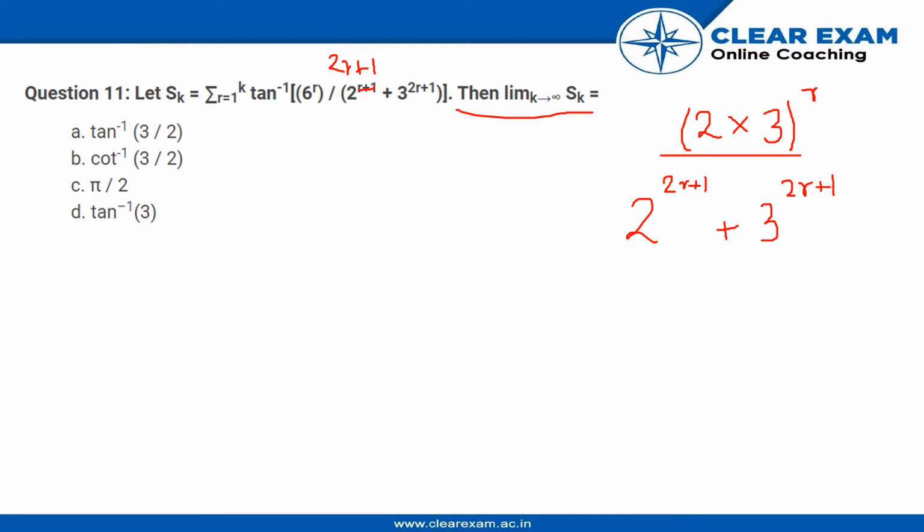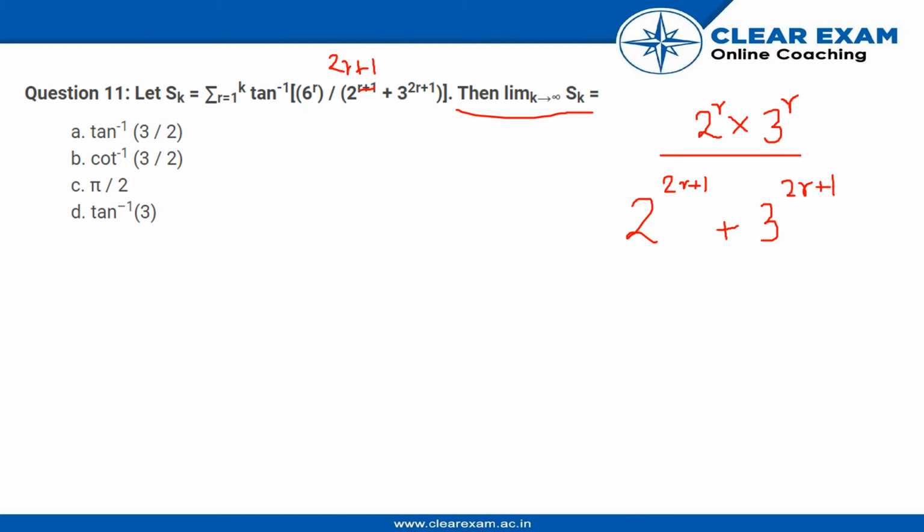I can write that, correct? So I split the powers into each of these terms, making 2 raised to r into 3 raised to r. I can do that because the powers are the same, so I can take 2 and 3 common and multiply them to get 2 into 3, that is 6 raised to r.